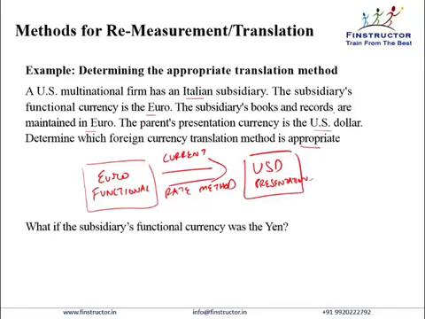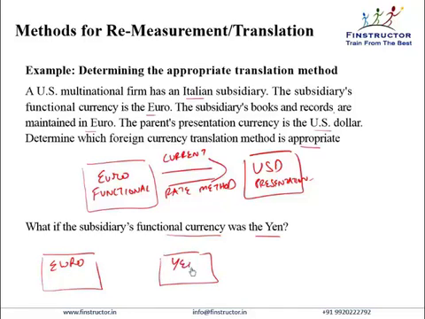In the same question, what if the subsidiary's functional currency was the yen? So books and records are being kept in the euro, whereas the functional currency is the Japanese yen and the presentation currency is the US dollar. So we would first need to remeasure using the temporal method.